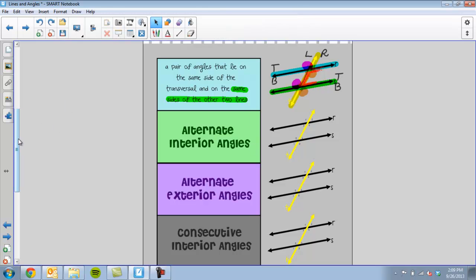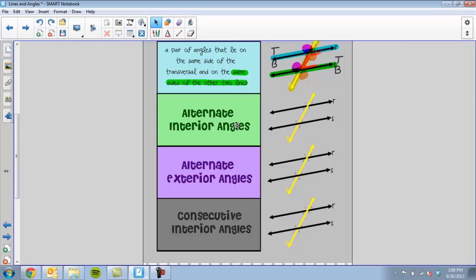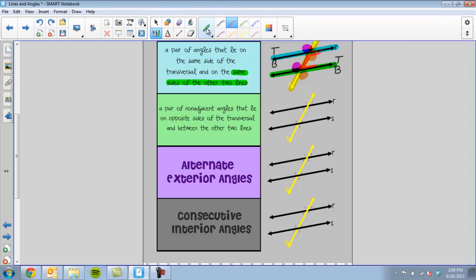Okay, so the next big vocabulary word is alternate interior angles. Alternate means opposite sides. So if I label my picture again, and I have my left, my right, top, bottom, we need to be on the opposite sides of the transversal.